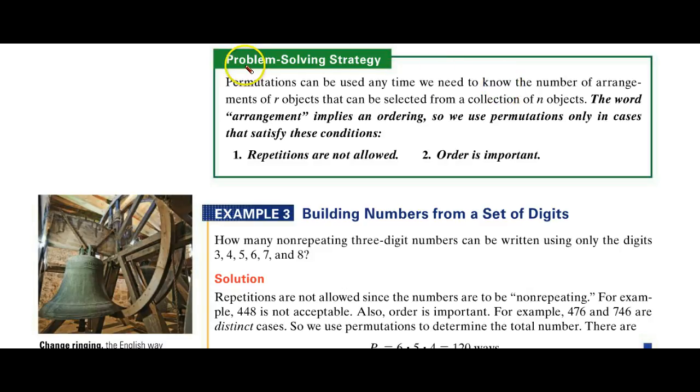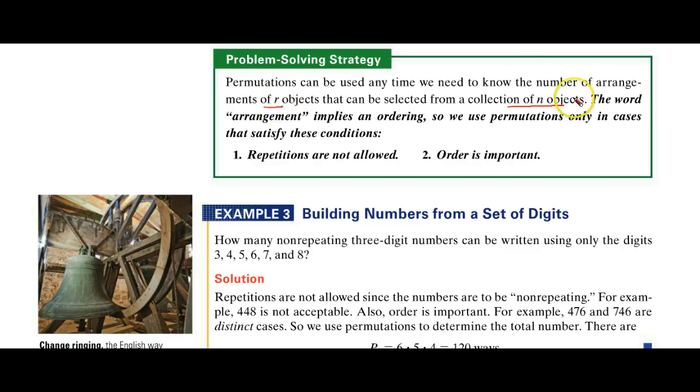We're looking at problem-solving strategy. Permutations can be used anytime we need to know the number of arrangements of R objects that can be selected from a collection of N objects. This is your full set. This is what you will be selecting out of it.